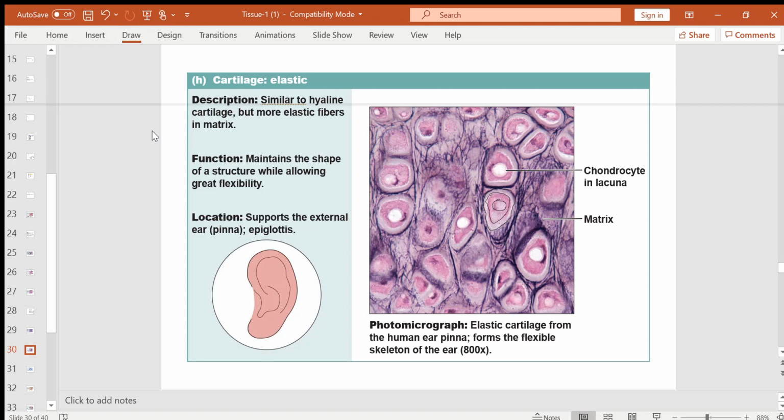The matrix amount is smaller than hyaline because there are more cells, so the space between the cells is small. And in elastic cartilage you will find elastic fibers. You see these thin hair-like fibers, elastic fibers.